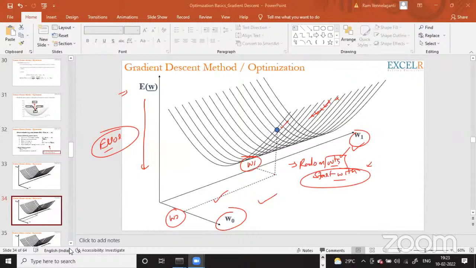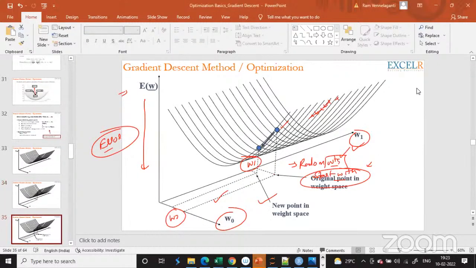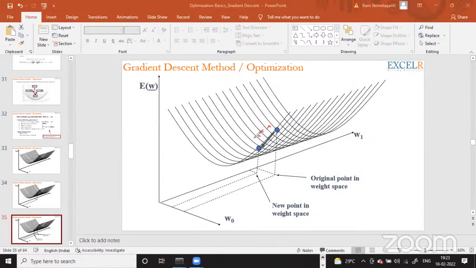Now, slowly you have to move in the downward direction. So you're updating your weights. Initially, you started off with these values, but now you are updating your weights, and you're slowly able to reduce your error, reduce your residual sum of squares.